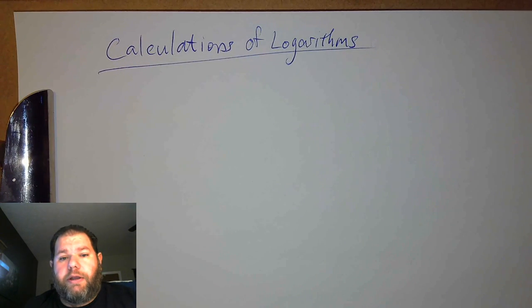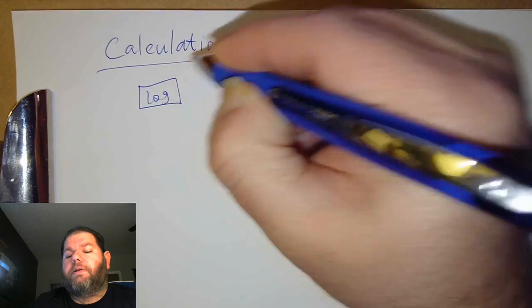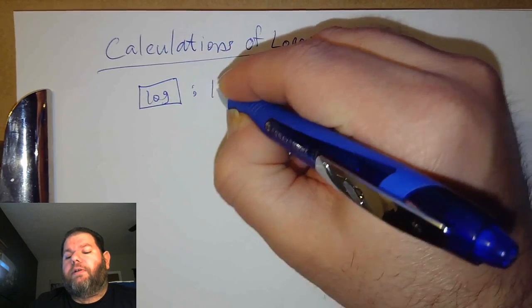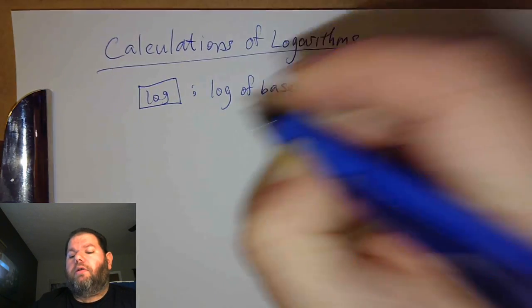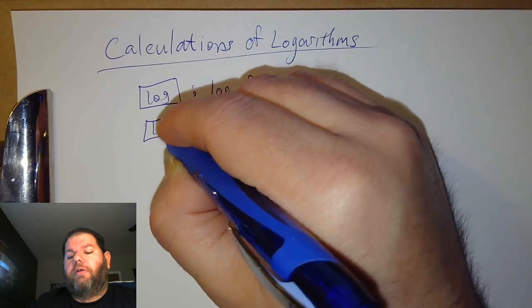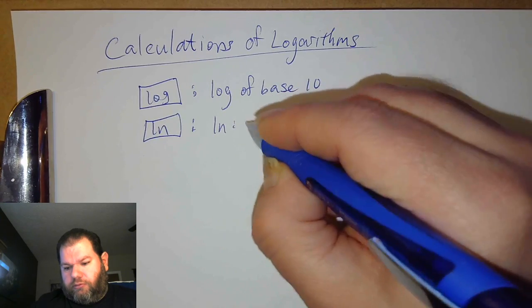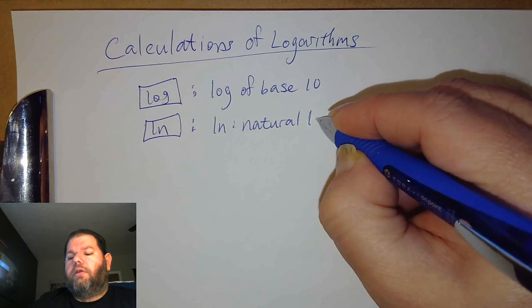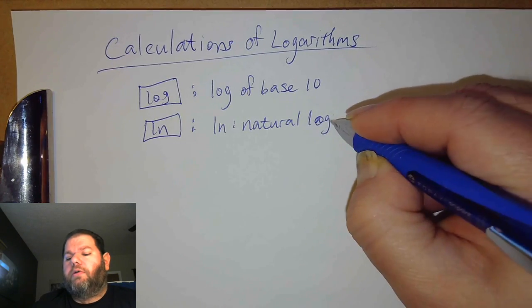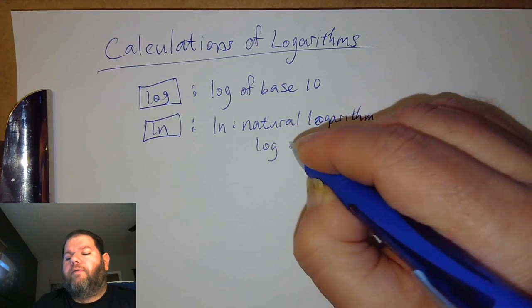Now on our calculator we have two different buttons that we use for logarithms. We have the log button, which is log base 10. And then we have the natural log button, that's the natural logarithm, which is a log of base e.